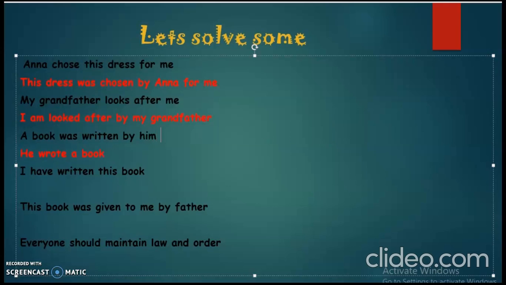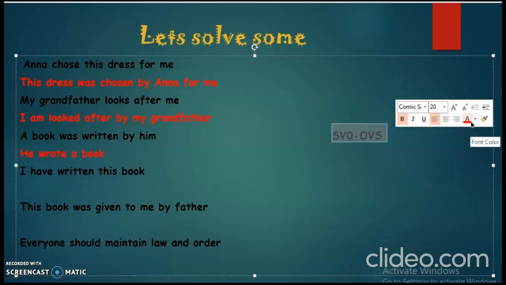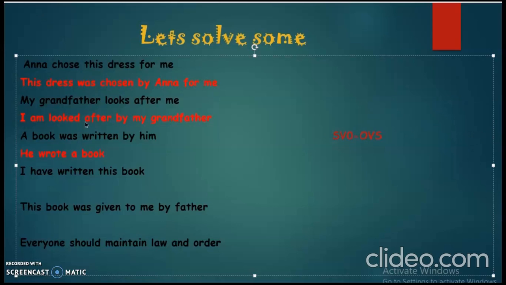SVO equal to OVS. Subject, verb, object becomes object, verb, subject. So this book, I have written this book. This book is being written by me.